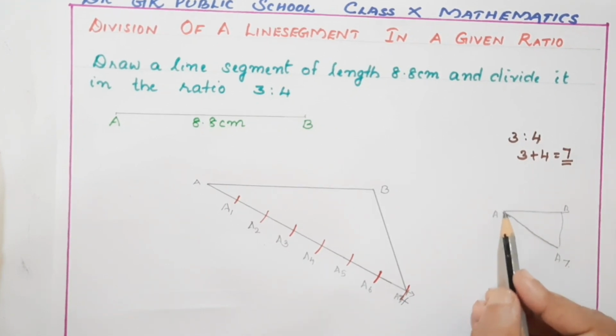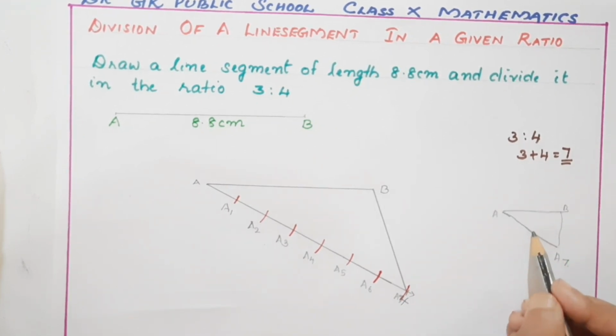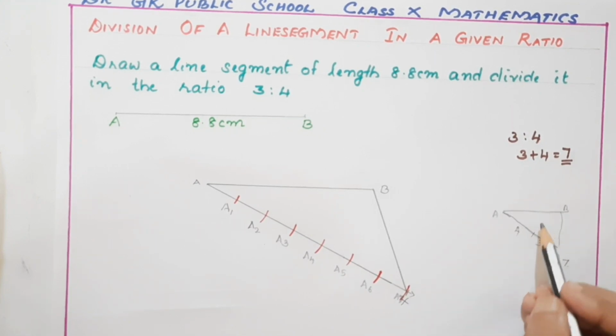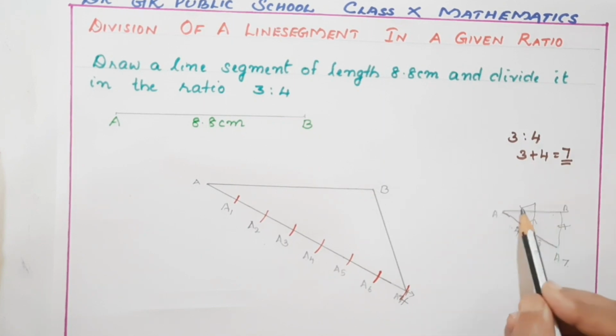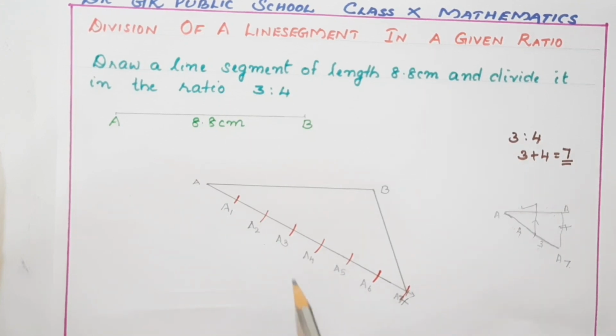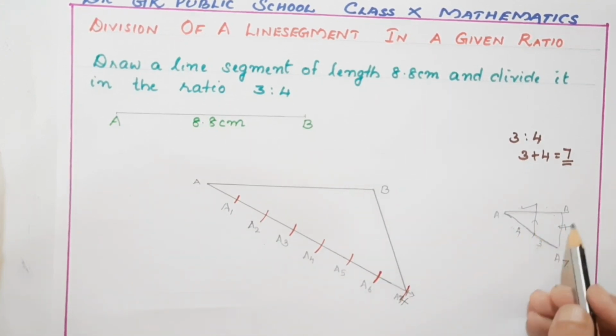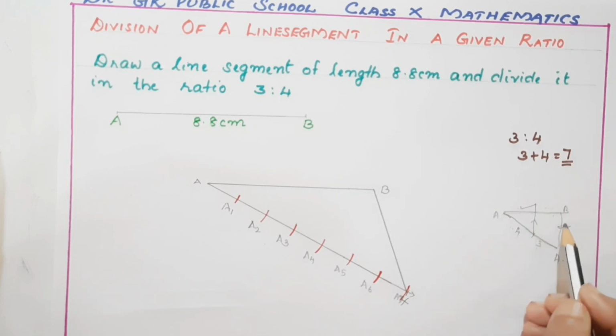If we have the ratio of one side of a triangle like 3:4 or 4:3, if we are drawing a line parallel to this line through this point, surely this side also will be in the ratio 4:3. Okay, same we are applying here. One condition, these two lines should be parallel.